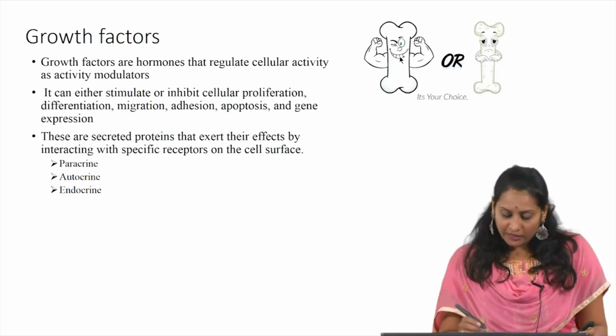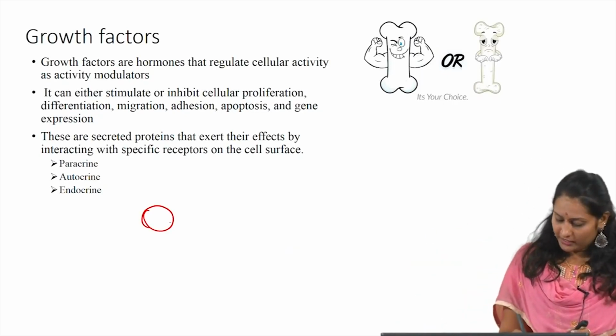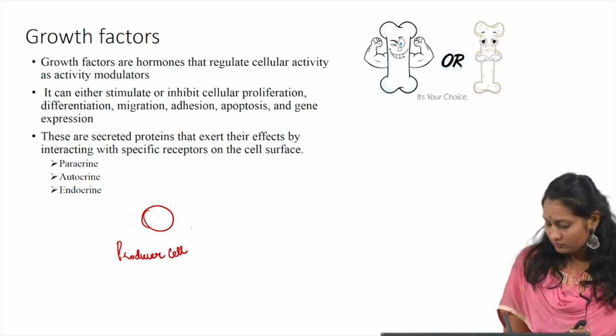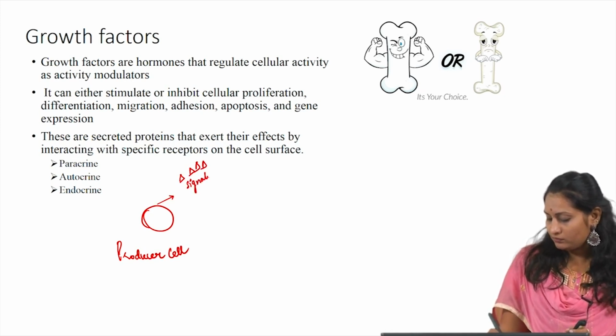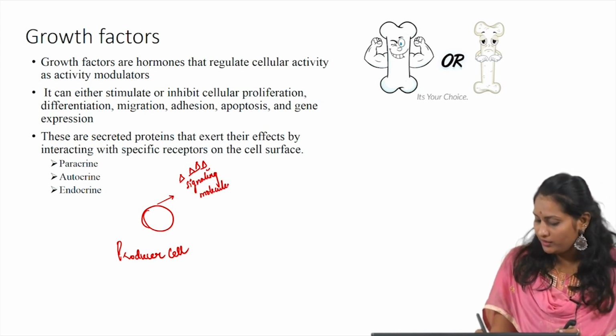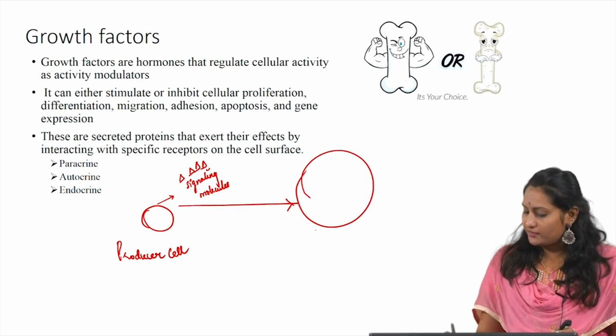So, I'll just explain in a diagrammatic representation. Say this is the producer cell. This produces signaling molecules. These are signaling molecules, which are nothing but growth factors. And this one is the target cell.